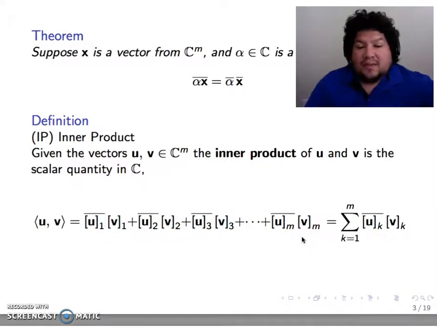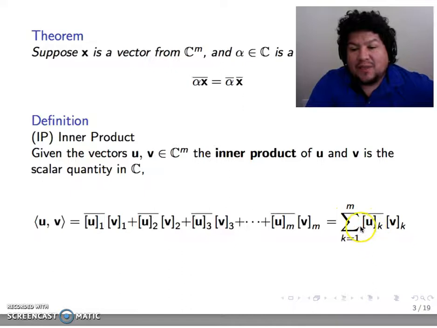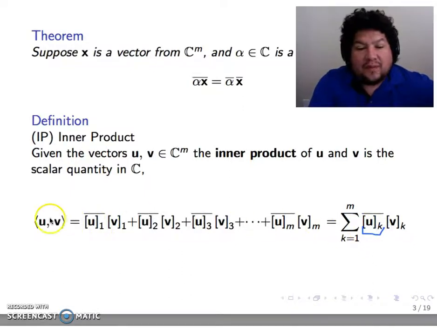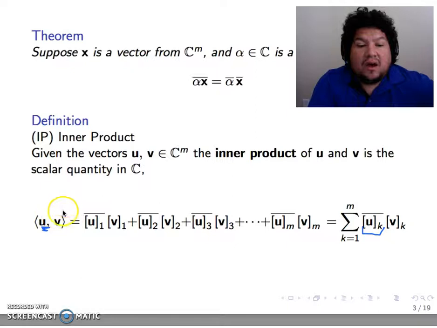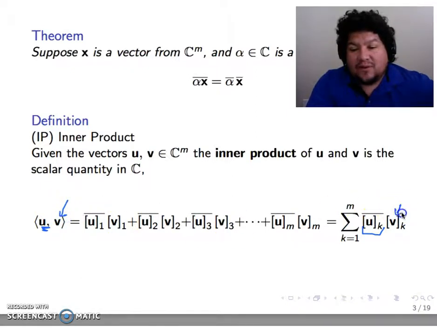So we can write the summation in short with this summation notation, right? And so here we're saying we have a vector that appears first that we called u, and the entries of that vector are conjugated, and the conjugate of each entry is multiplied by the corresponding entry of the vector that appears second, which we're calling here v.